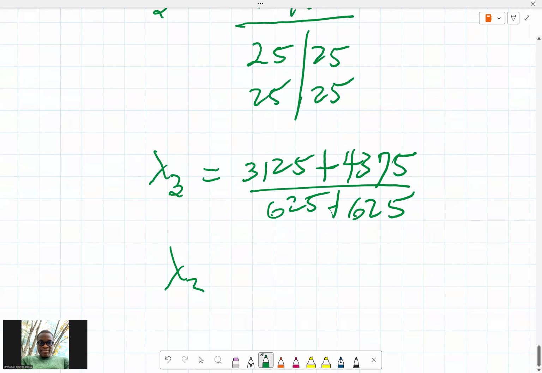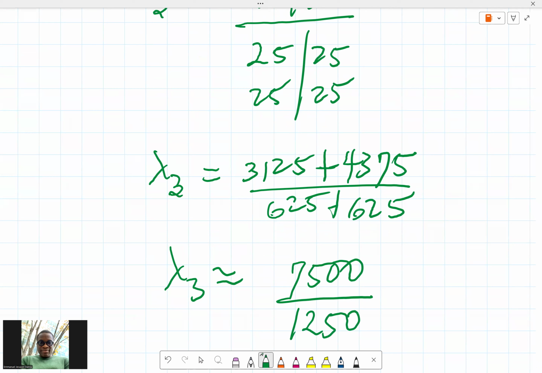So lambda 3 is approximately 3125 plus 4375, that is 7500, all over 625 plus 625, that is 1250. So 7500 divided by 1250. So that's simply 5. Oh, is it 5 or 6? 7500 divided by 1250, so that's 6.